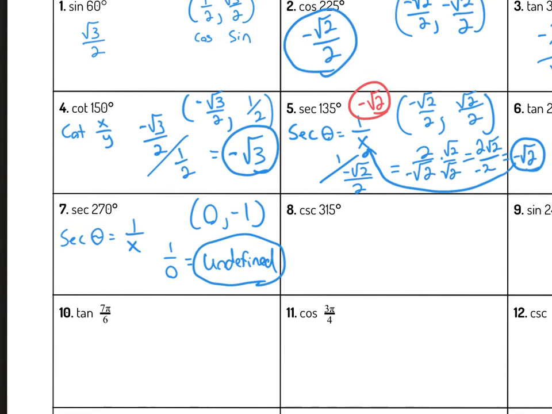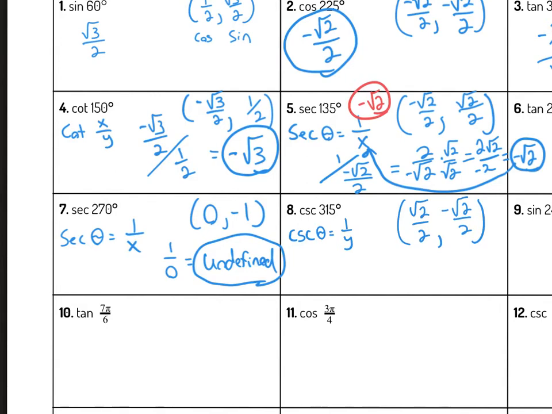All right, cosecant of 315. Cosecant is 1 over the sine. So CSC of theta would be 1 over y. And 315 degrees has a reference angle of 45 degrees, so it's going to be square root of 2 over 2, negative square root of 2 over 2.